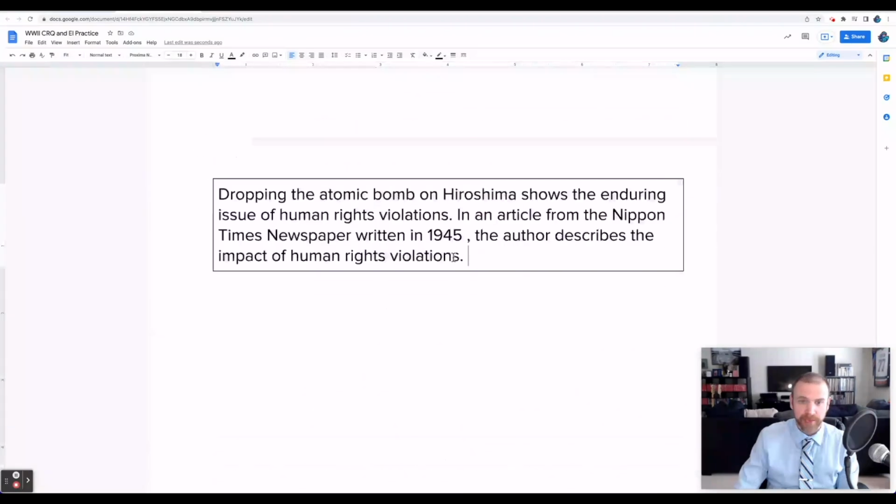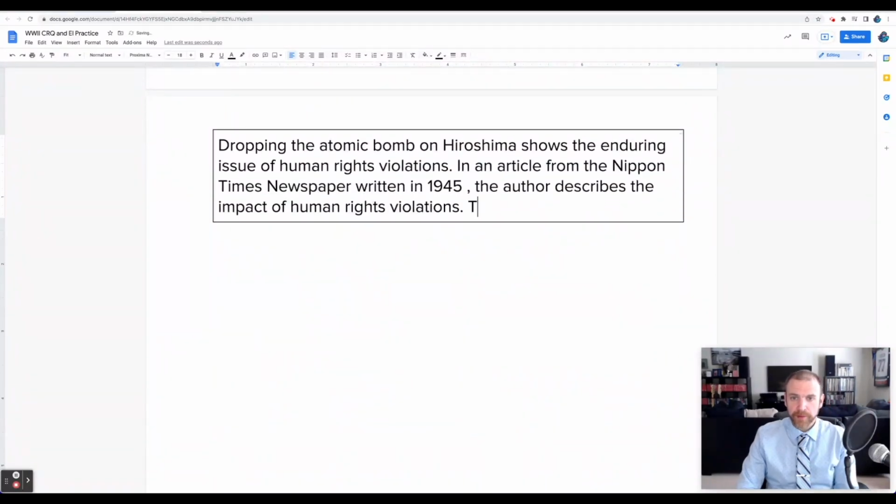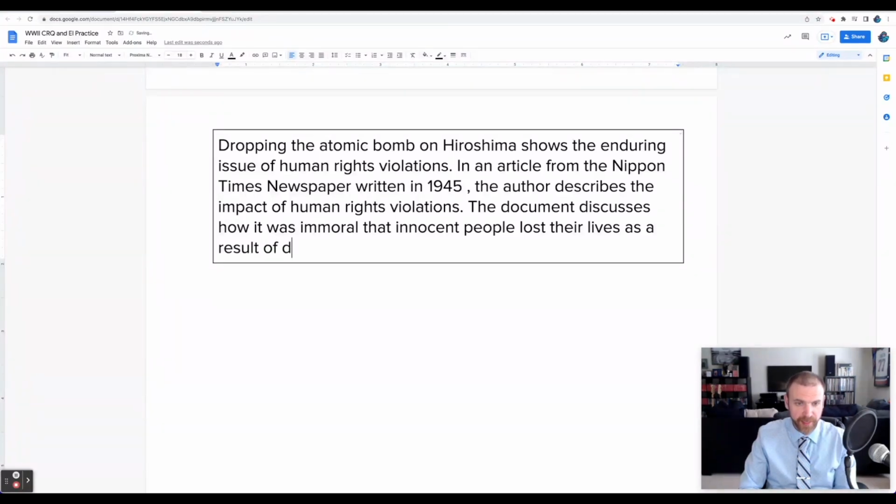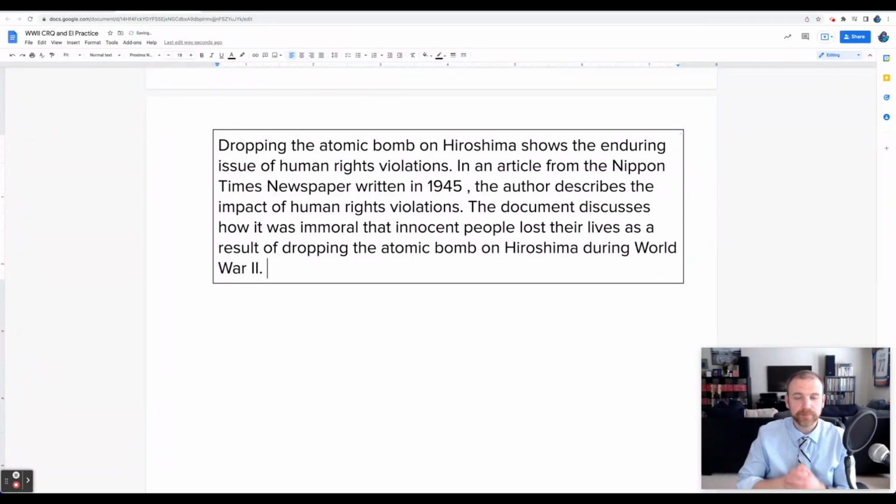So maybe I'll say the document discusses how it was immoral that innocent people lost their lives as a result of dropping the atomic bomb on Hiroshima during World War II.